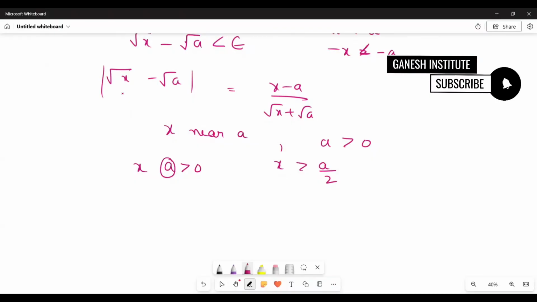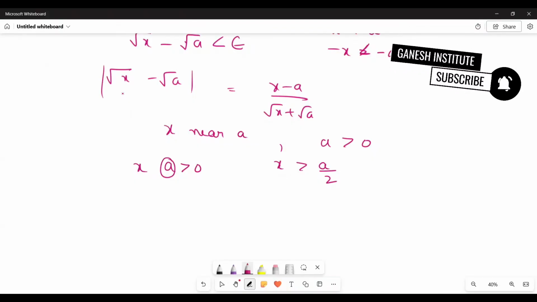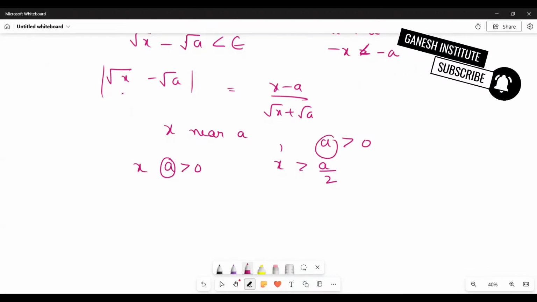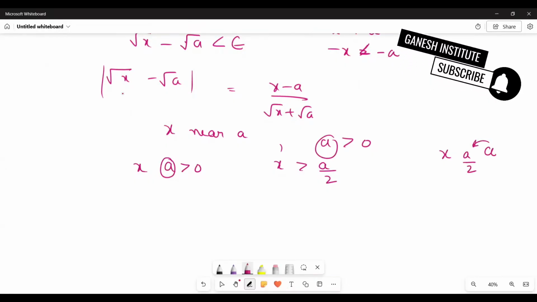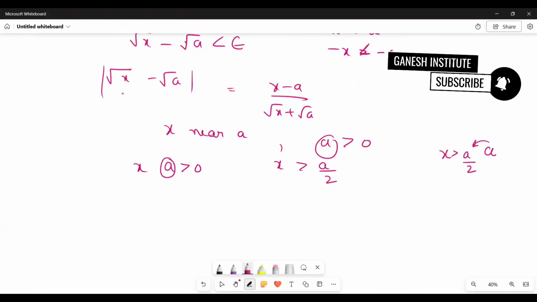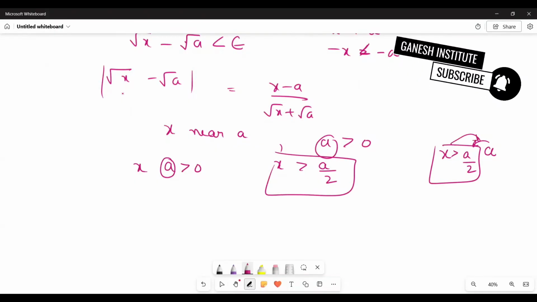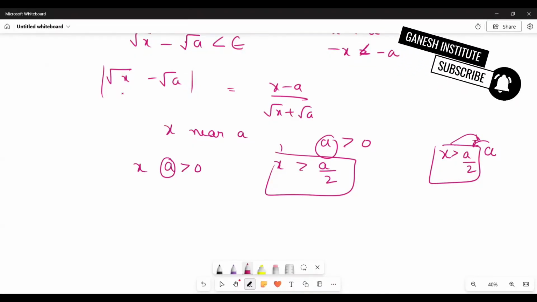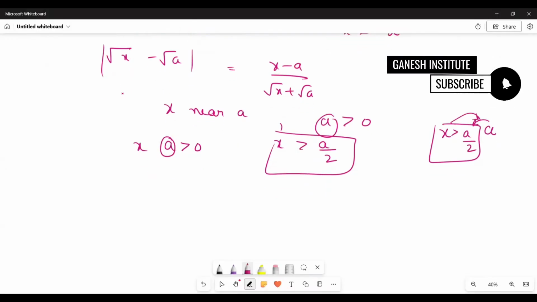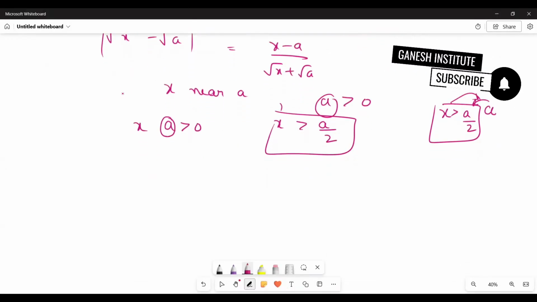I'm assuming x is somewhat near to a and I want to give it a bounded value. So I'm assuming there is a, there is x, and there is some value a by 2 lesser than a here. So I'm assuming that x is greater than a by 2, so as to get it into the relation that somewhat a will also come into the picture. I can assume any of the values in the neighborhood. You could have assumed a fourth also, a by 8, whatever.